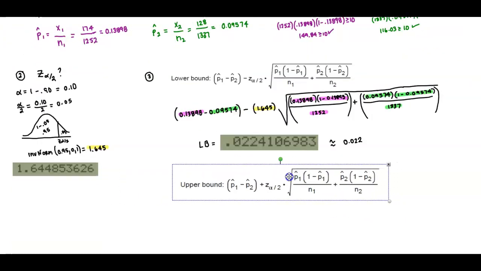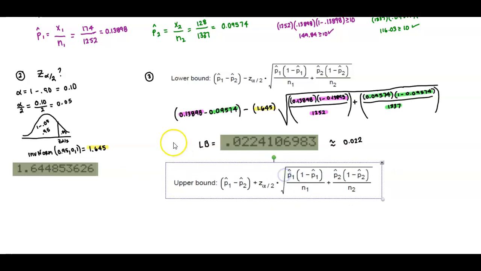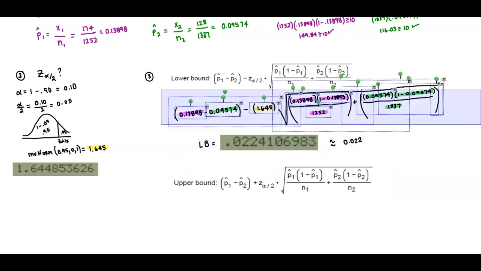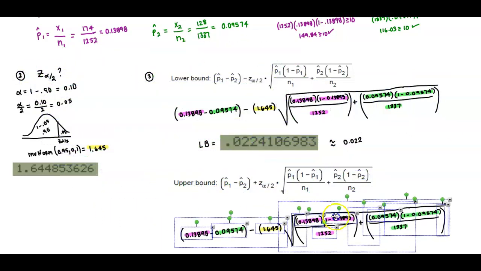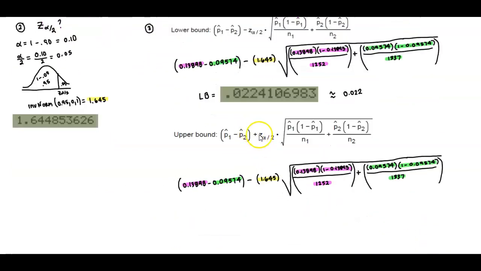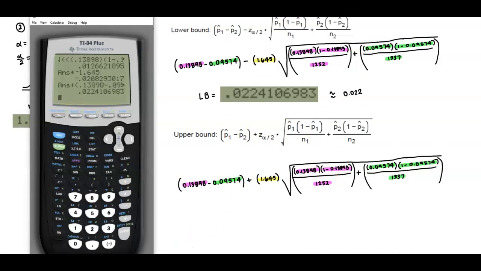The upper bound is basically using the same values. The only thing that's different is that now we need to add what is to the right. Basically, we can come up to this value again, which is 0.126621895.